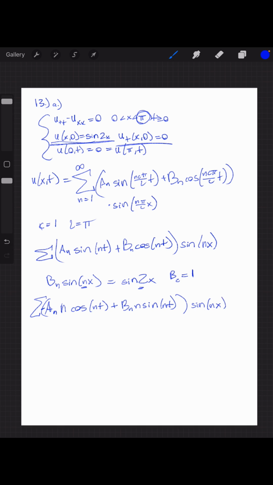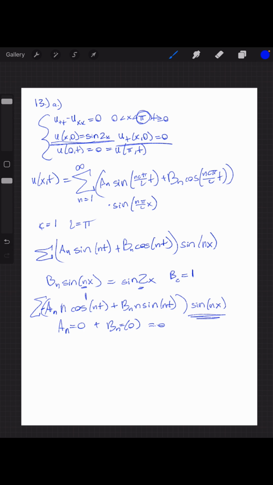Okay? Then, when t is 0, cosine of 0 is 1, and because this function is 0, that means a_n must be 0 for all n. And then we're left with b_n. Now when t is 0, sine is 0, so that would also be 0, and 0 times whatever function this is will still be 0.